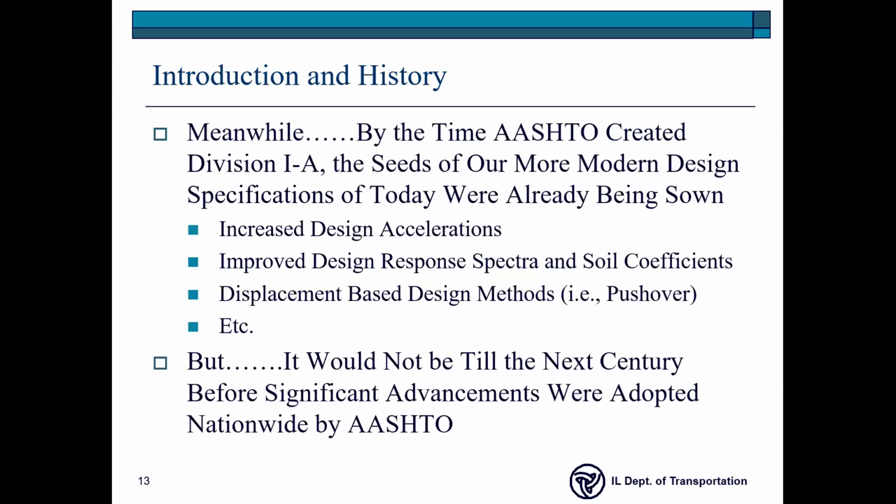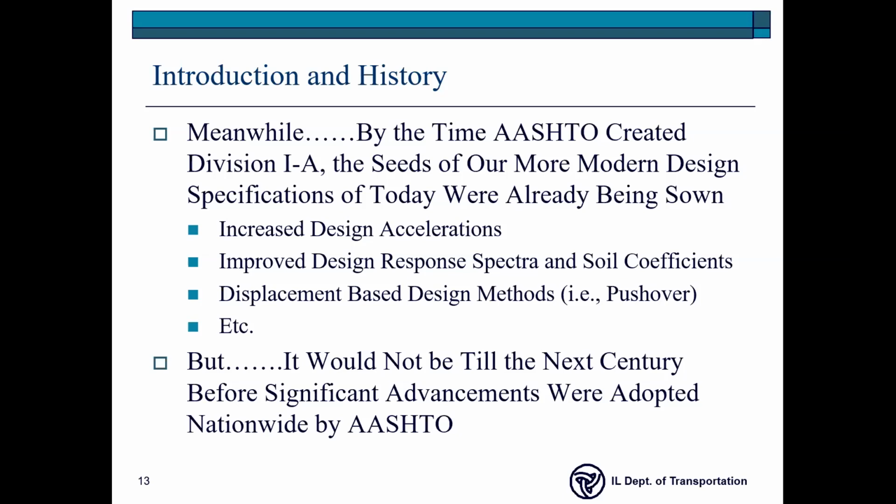Okay, now by the time the original guide specs were put into the code in the 1990s, it's like I said, AASHTO and the national researchers and earthquake engineers and all these types of folks, they were already planning for the next version, the next update to the design code already, okay, while like Illinois and other states were trying to catch up, okay?